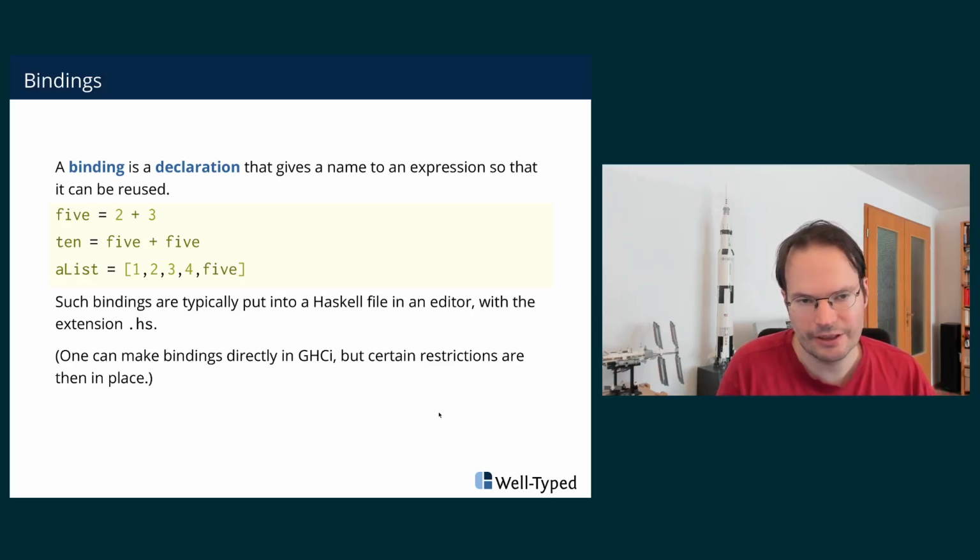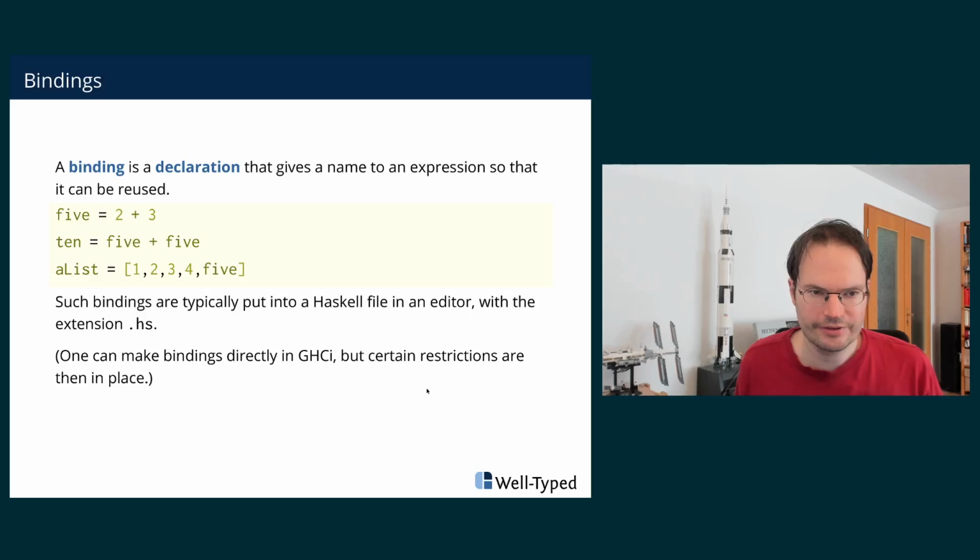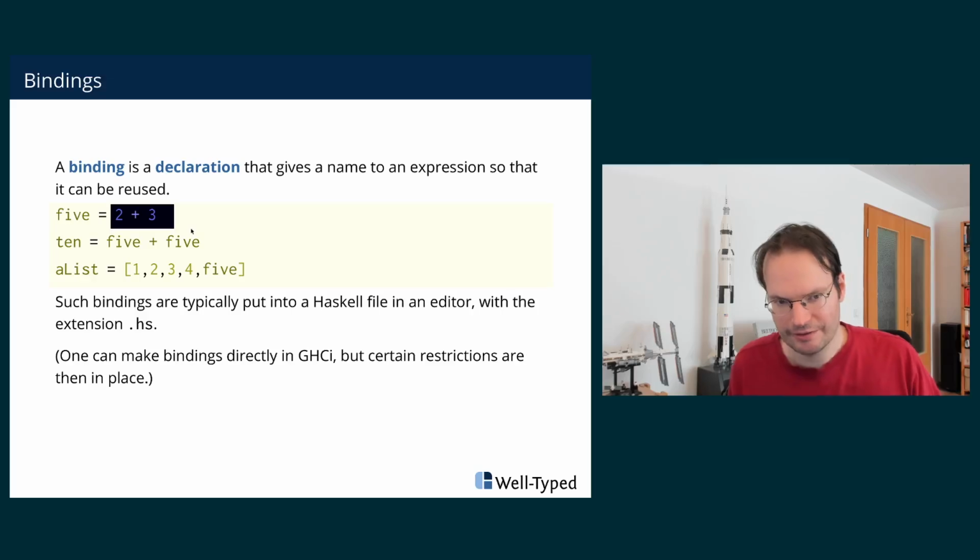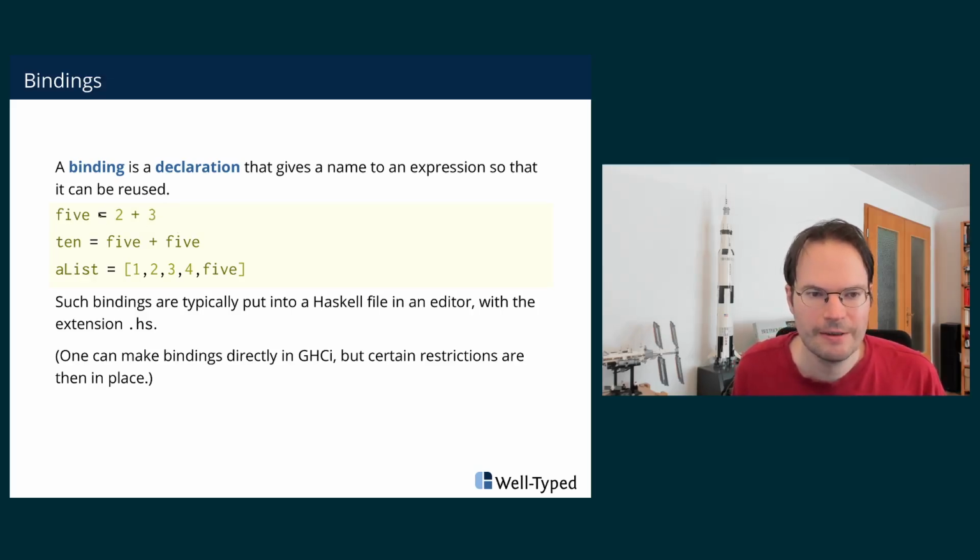So bindings are the simplest and probably most important form of declaration. And a binding is giving a name to an expression so that it can be reused. Right? So in its simplest form, a binding just looks like this: you have an expression, which is anything that we've already encountered before, and then you have an equals symbol, and on the left you give a name to that expression.